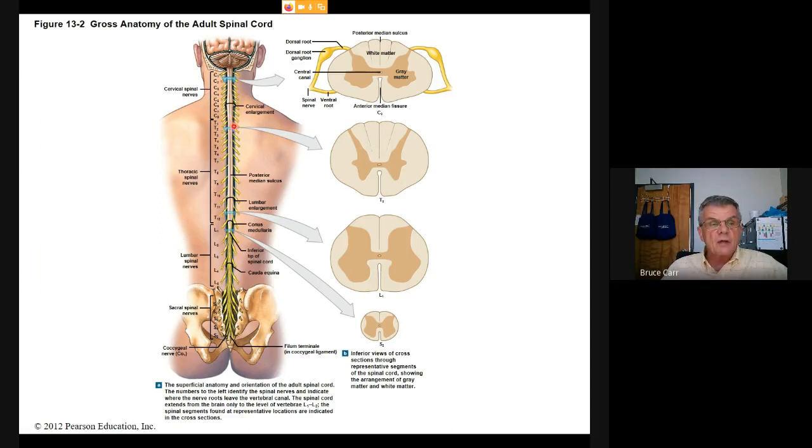We have 7 cervical, 12 thoracic, 5 lumbar, 1 sacrum, although we're going to have 5 sacral pairs. And then down here, a coccyx, a coccygeal nerve, the final one that comes out of this enclosure. Now, this is our flexible structural axis, very strong, supports our weight, but maintains our flexibility.